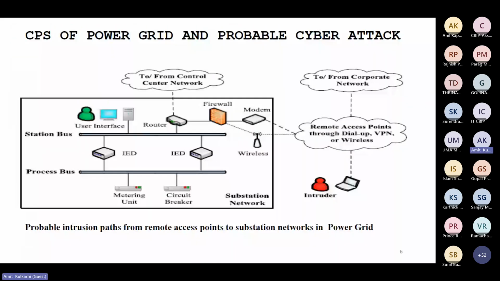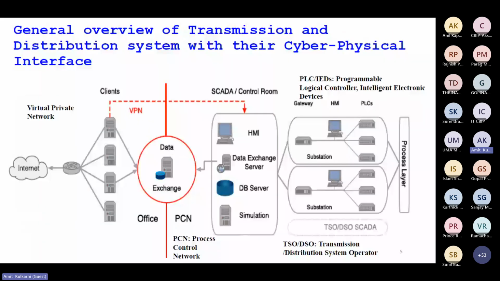Now, what this CPS, or cyber physical interface, will try to show, I have given in a broad diagram. At one end, you have transmission and distribution systems, substation components, etc. Then there is a line in between, that is a process control network. There is an HMI, data exchange servers, database servers.